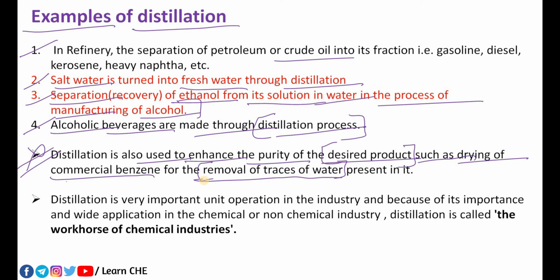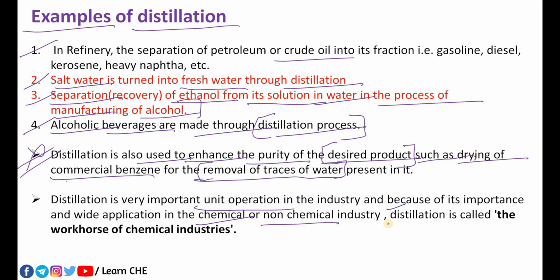So as I have already told you, distillation is a unit operation, and this is a very important unit operation in industry. When you go into the industry and study mass transfer, you will see that distillation has a very wide coverage. Because of its importance, whether it is a chemical industry or a non-chemical industry, you may see the distillation process.